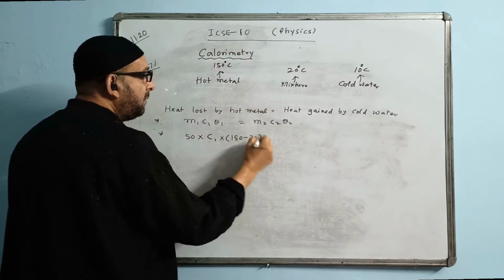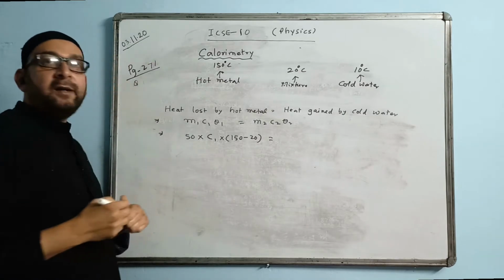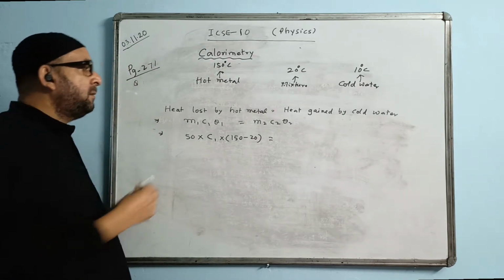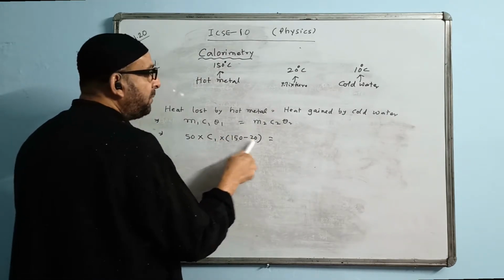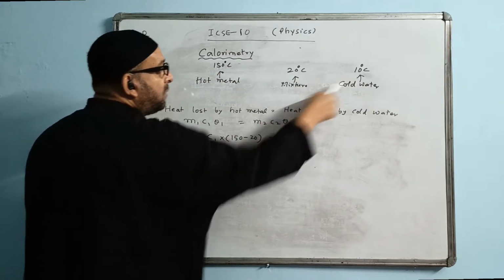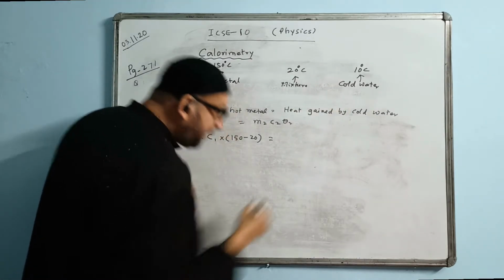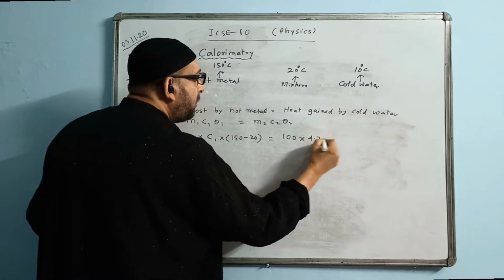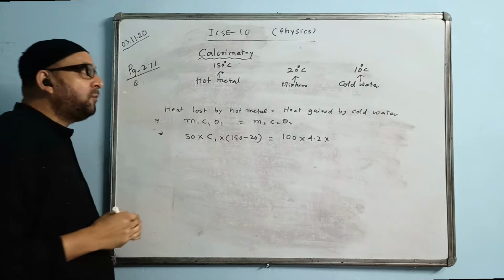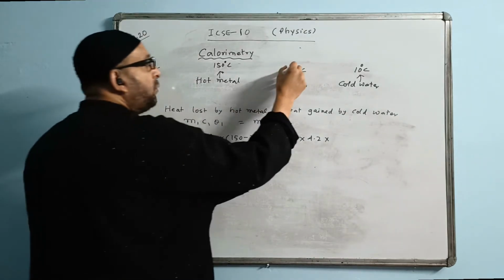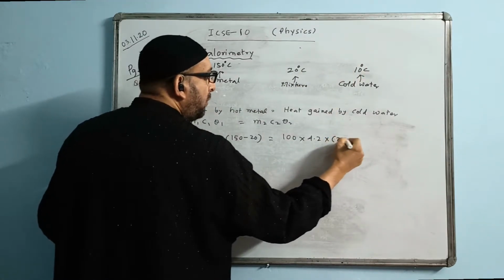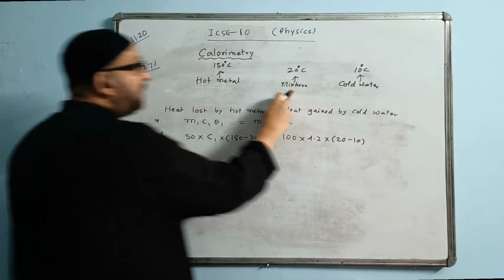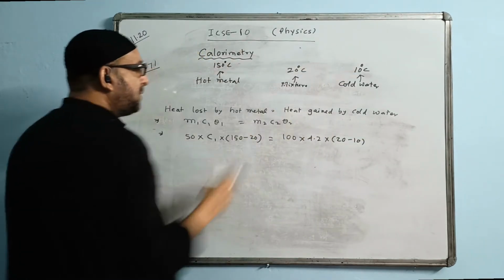We can directly write 130, but just now I will show 150 minus 20. M2, the mass of the cold water, is 100 grams. C2 value is given 4.2, the specific heat capacity of water, and the temperature difference I take 20 minus 10. Keep the mixture always in between: this minus this and this minus this.